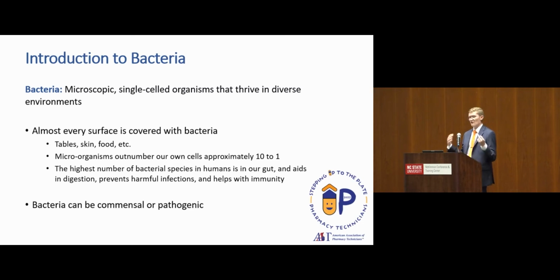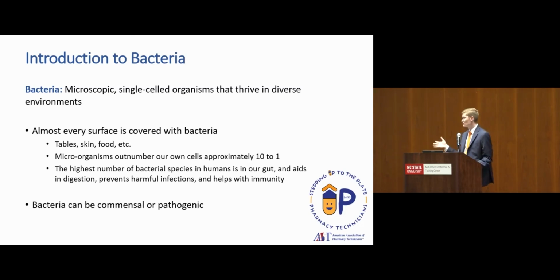They thrive and live in symbiotic relationships with our bodies. The highest number of bacterial species in our bodies are actually in our gut. They help to promote proper digestion and prevent infections and help with immunity as well.